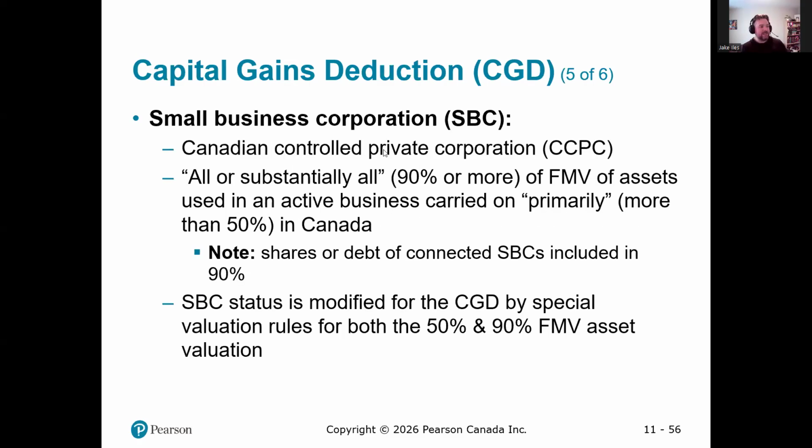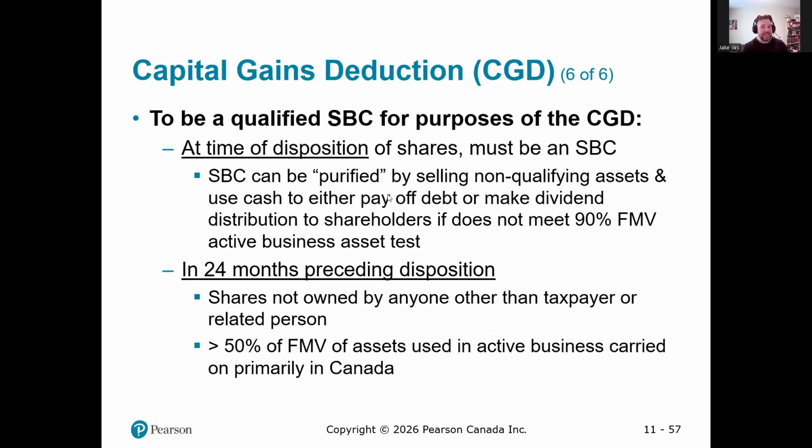Let me rephrase this. Let's say I have my business and I have some excess cash that's been sitting. So now 90% of my assets aren't in active business. I can purify it, which means I can partake in transactions to move those excess assets out, to pay out dividends, to get into the hands of shareholders so that I'm on side.